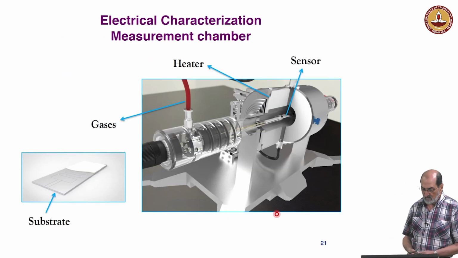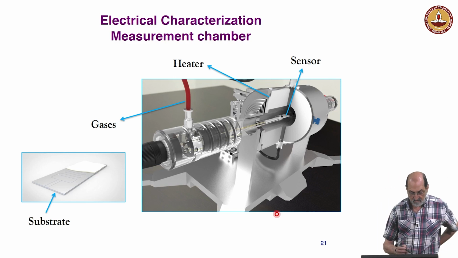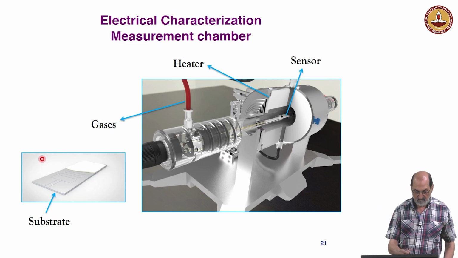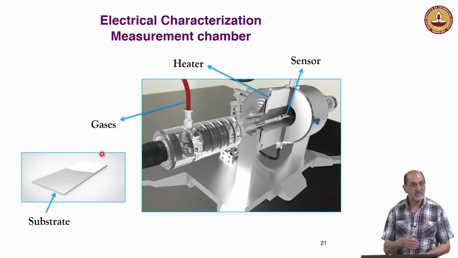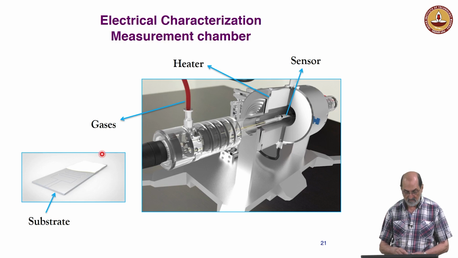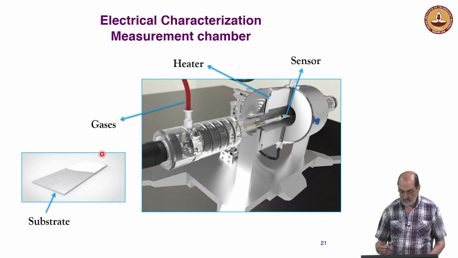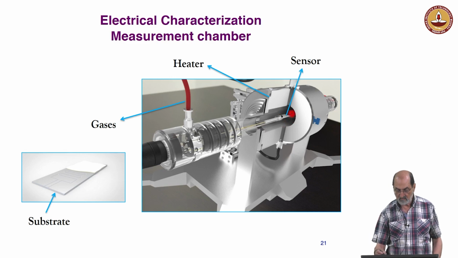So this is a typical sensor we create. We have here the substrate, and the substrate is conductive, but with a laser we separate two sides with this shape. Then we paint the surface with a polycrystal film, and we put that film here within the chamber.